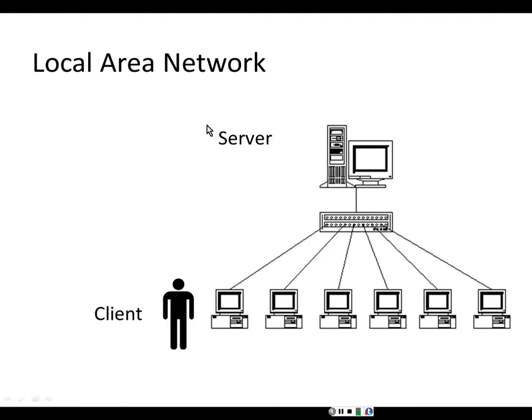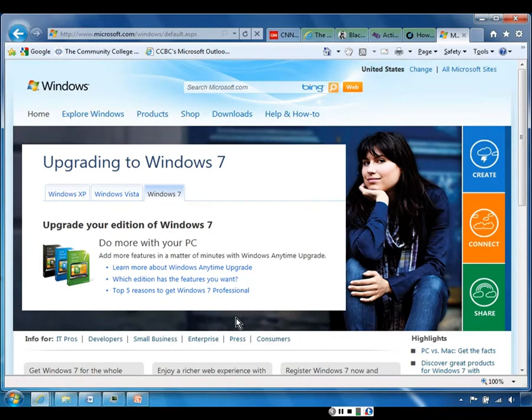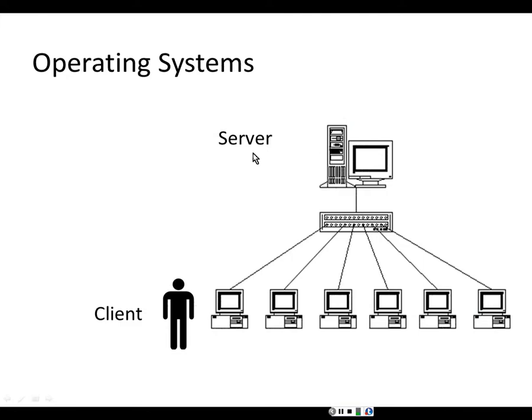In a typical local area network, you have clients and servers. The client operating system runs on the workstation, such as Windows XP, Windows Vista, Windows 7, or Windows 8. And the server has an operating system as well. Sometimes they call it a server operating system, sometimes they call it an NOS, a network operating system.